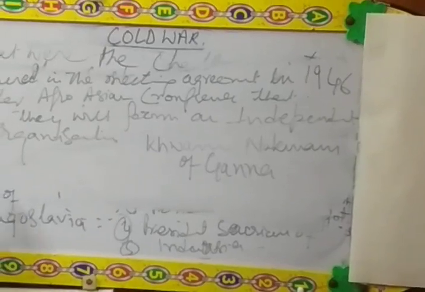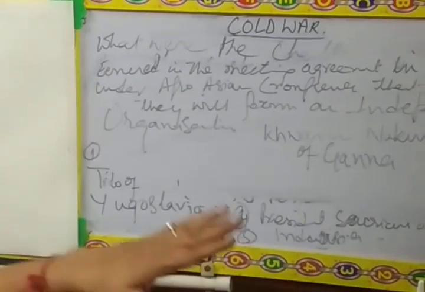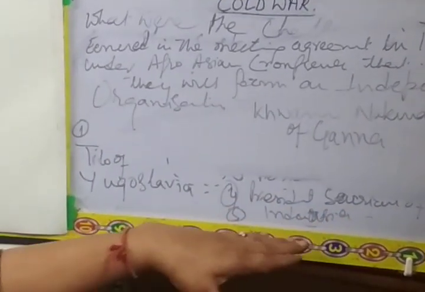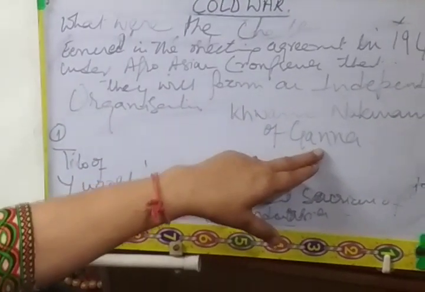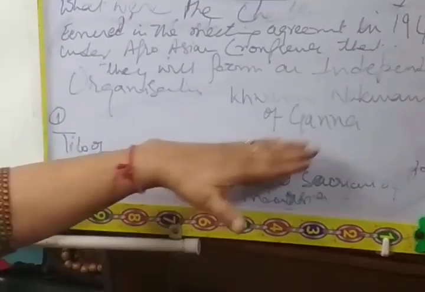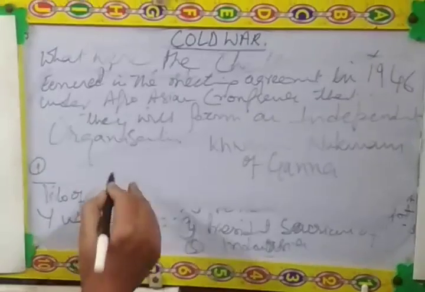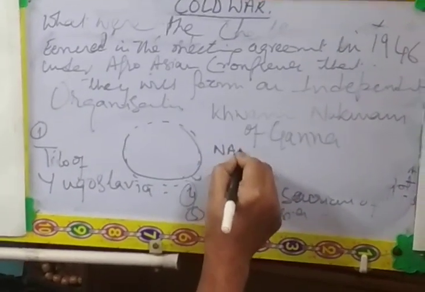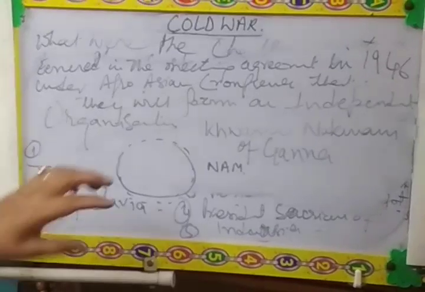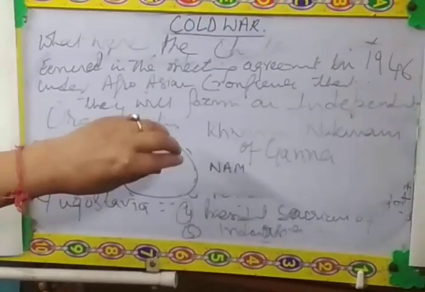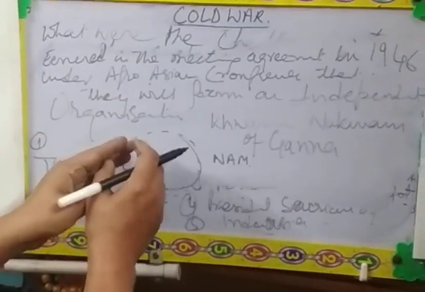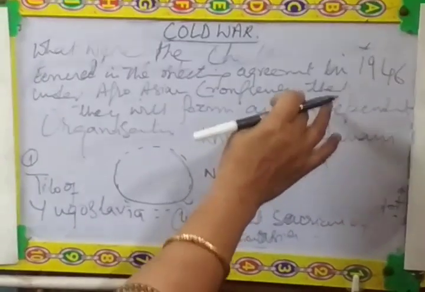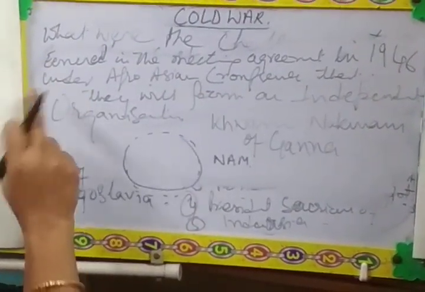So, Marshal Tito of Yugoslavia, President Nasser of Egypt, President Sukarno of Indonesia, Kwame Nkrumah of Ghana, and Pandit Jawaharlal Nehru of India formed an organization called NAM, which was now an independent organization, which said that the countries who will join this will not align to either USA or USSR.